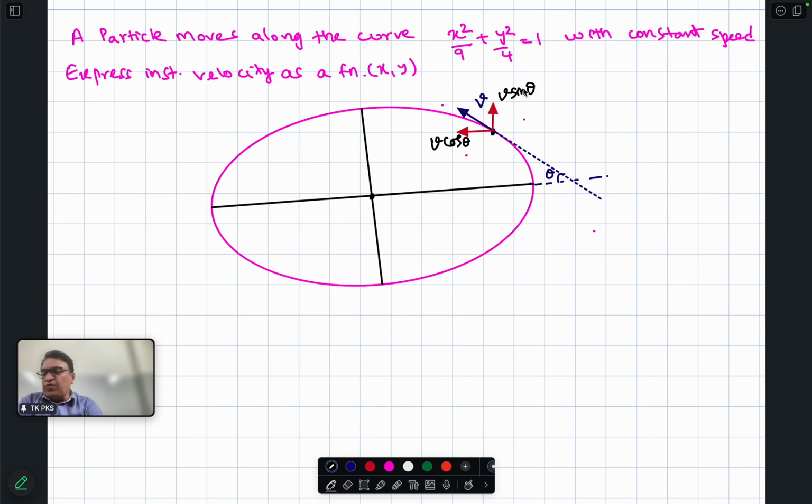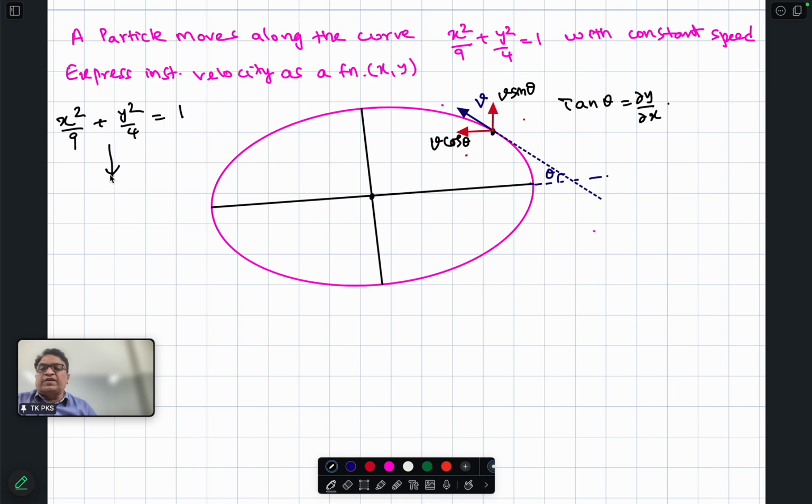All this we have done in vectors. You know, tan theta is the slope and we will call this as dy by dx. Now you take x square by 9 plus y square by 4 is equal to 1.